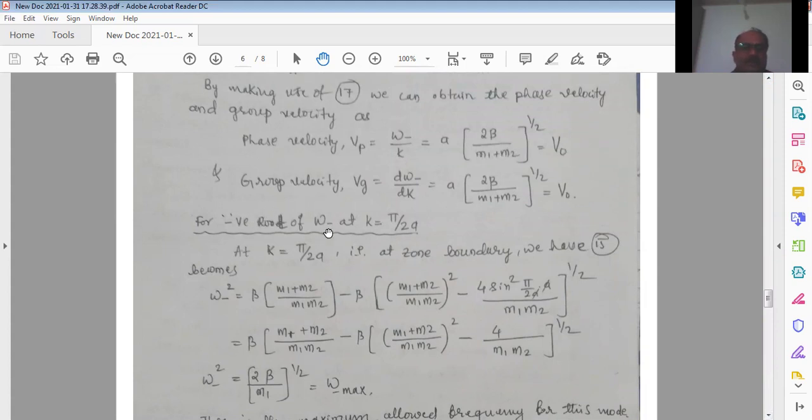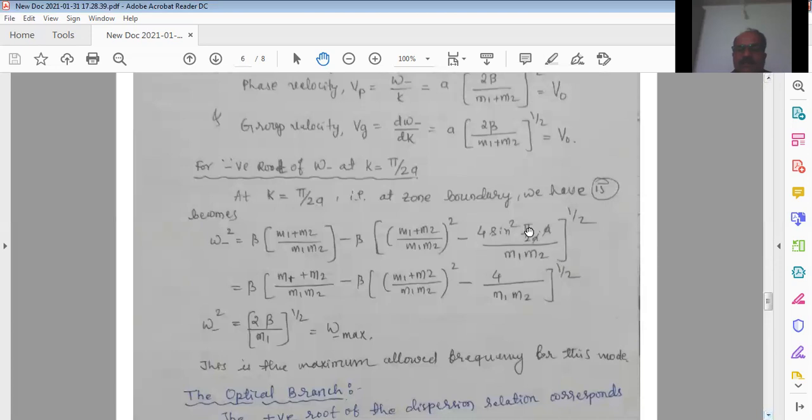And for the negative root, omega minus at k is equal to pi by 2a, that is at the zone boundary, what happens to this omega minus? You substitute, and in place of k, for k is equal to pi by 2a, you substitute, and a gets cancelled.